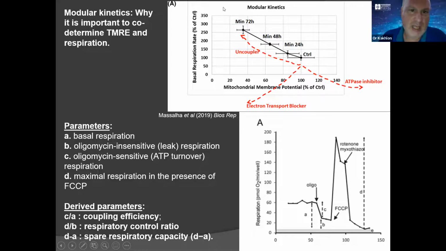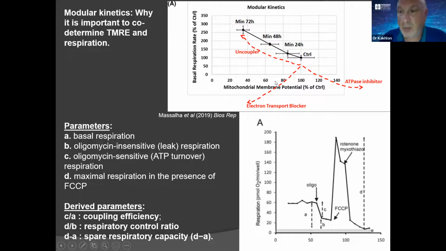If we look at the basal respiration rate and plot it against the mitochondrial membrane potential, we have uncouplers, which cause depolarization, decrease the membrane potential, but at the same time increase the basal respiration rate, because the electrons can flow faster as the membrane potential is depolarized.